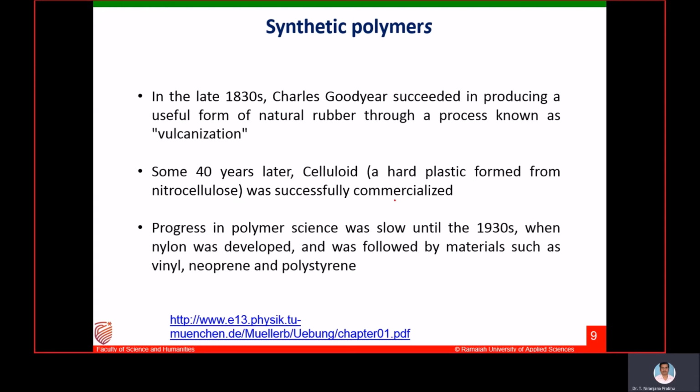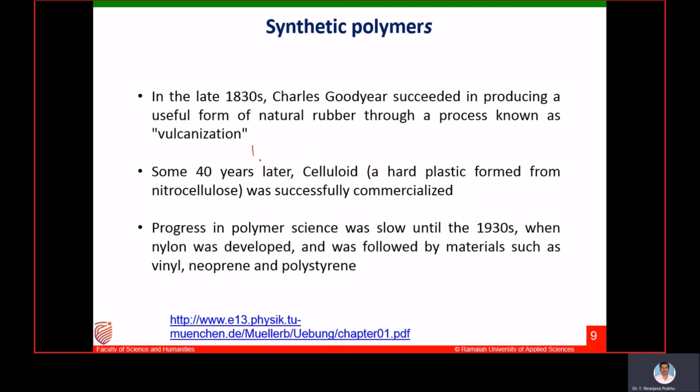If you recall photographic films, we used this hard plastic film, which is a product of nitrocellulose. When you carry out nitration of cellulose, it forms nitrocellulose. This was used as celluloid material. But progress was very slow after the celluloid formation.